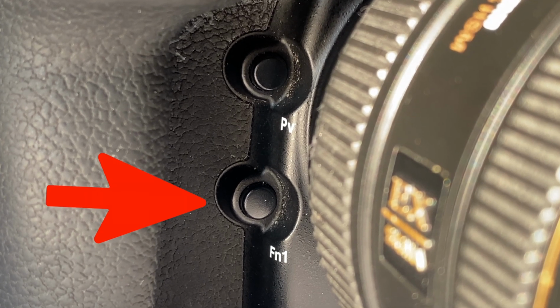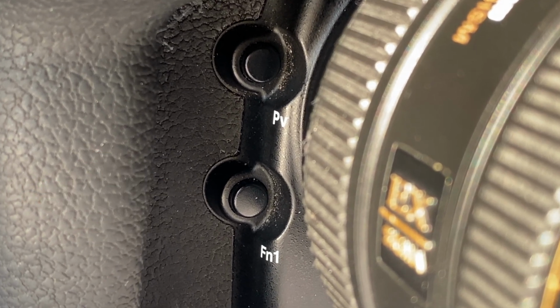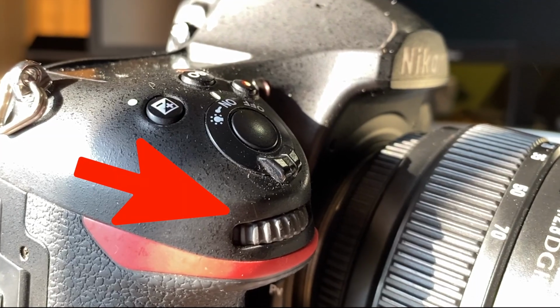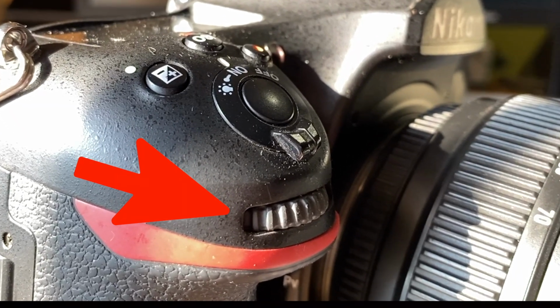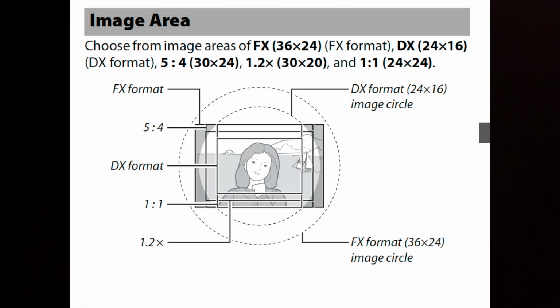Alright, so now we've assigned the image area functionality to the function 1 button by way of the press plus command dials. So that means when you want to use this, you press and hold the function 1 button and turn either the front or back command dial, and you can cycle through all the different image areas.